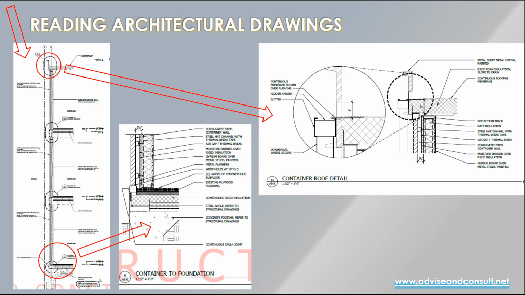So you're going to want to find your way to this detail, which identifies how the building sits on the foundation. And you can see it says concrete footing, refer to structural drawings. So the element of the foundation and how the building sits on it can be very important in water penetration issues.